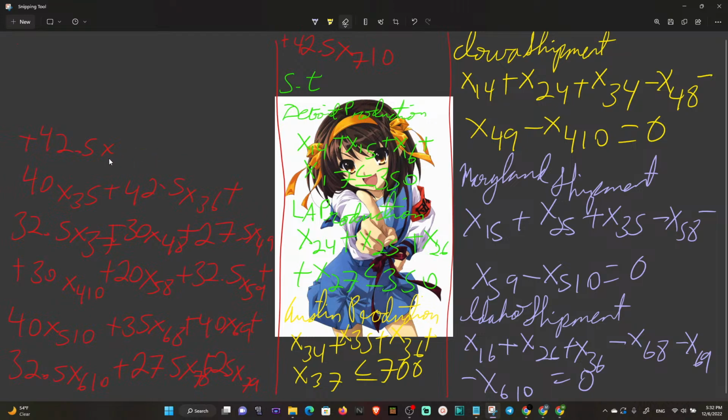Yes, the minimum, maximum stuff will always be pluses. But in the shipments, because we're trying to go from in and out to 0, we have to subtract. That's why.